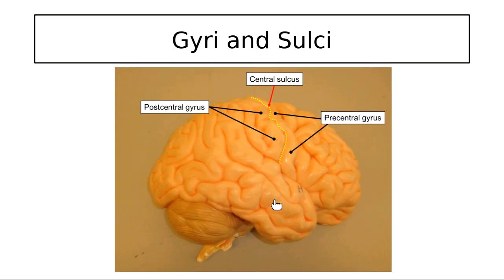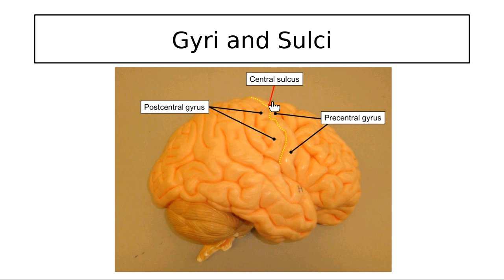So we look on the surface of the brain, and here is a long gyrus here, a long fold, and it's called the postcentral gyrus, behind the central sulcus. So here's the central sulcus, this little crease here. I got with the yellow dotted line here is a crease, a little valley. That's the central sulcus. It has its own name.